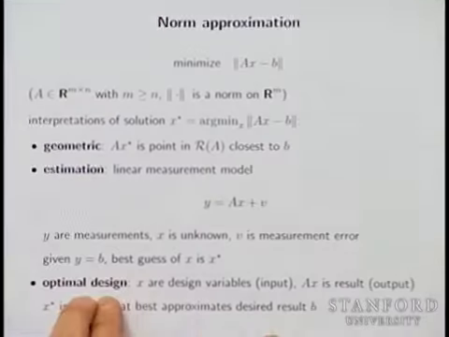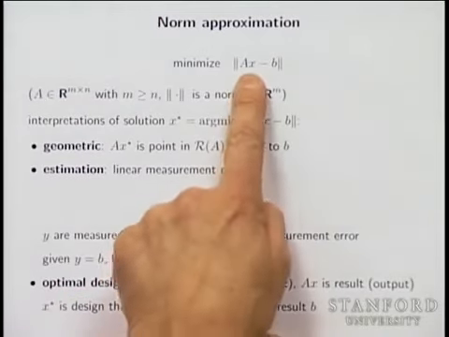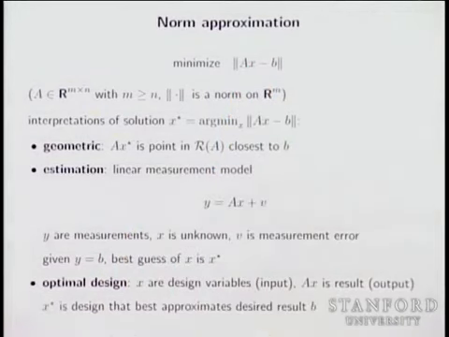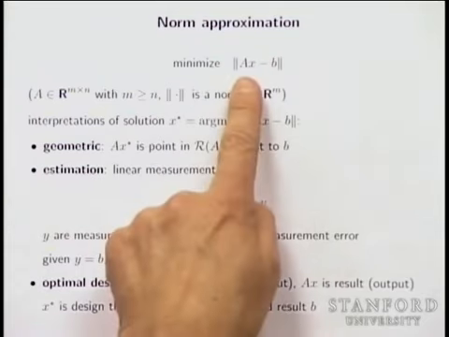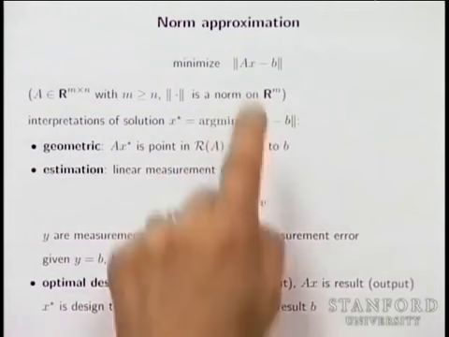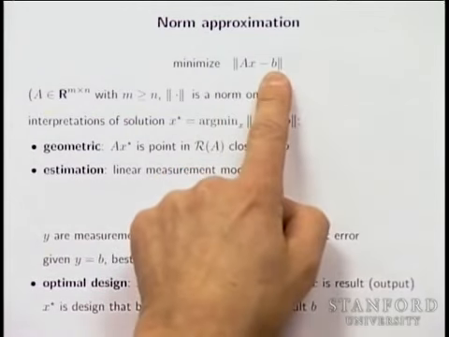So that's the idea. Here, the best guess is going to be x star, the one that will maximize plausibility. In another case, it's just optimal design. In that case, the vector x or its coefficients are design parameters. These could be inputs in an optimal control problem. They could be anything. They could be inputs that you're going to send to a communication system, something like that. Ax is the result of your action. So x is an action, and then b is something like a desired outcome.